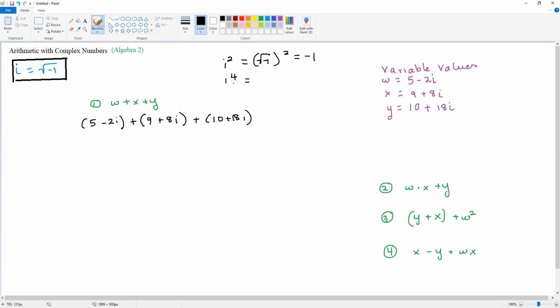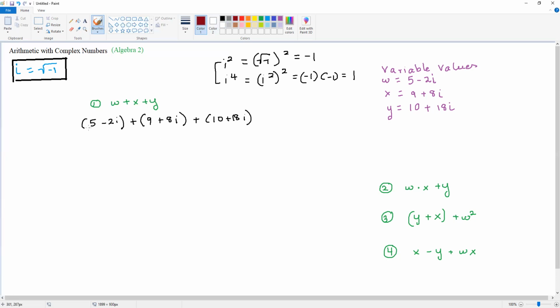And i to the 4th power is just equal to i to the 2nd power squared, which is equal to -1 times -1, which is equal to +1. So unless we have i to the 2nd power or i to the 4th power, we can't really fully solve the equation.